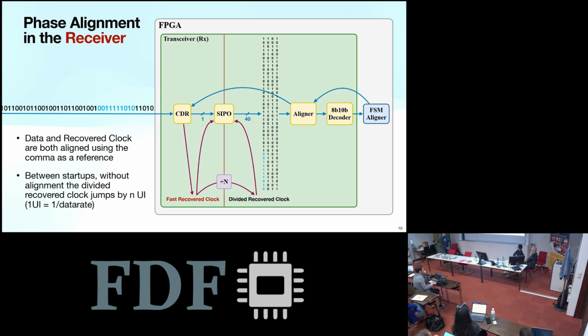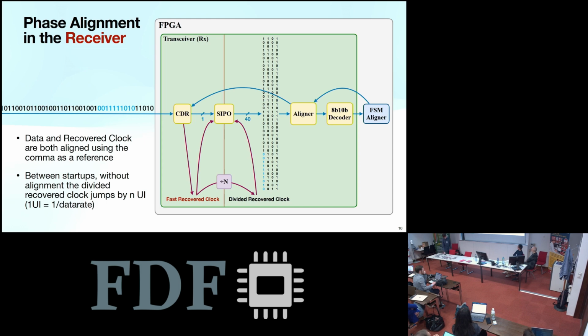But then we have an alignment procedure in the receiver, and this procedure reads the position of the comma in the bus and shifts bit per bit until the comma reaches the predefined position. In this way, the phase of the recovered clock is also shifted. And like that, we achieve phase determinism in the receiver.